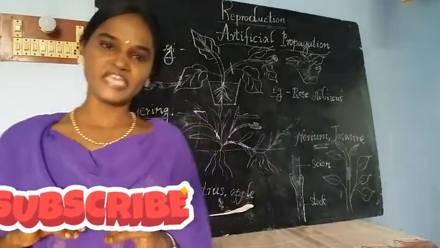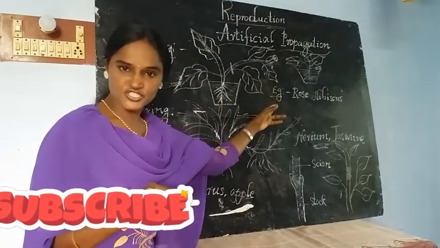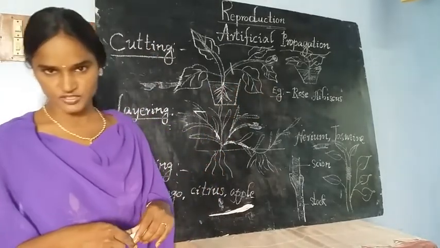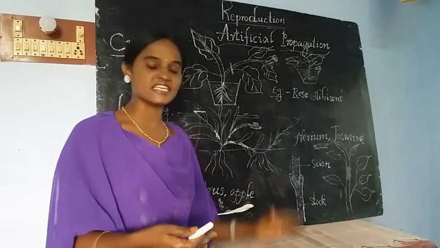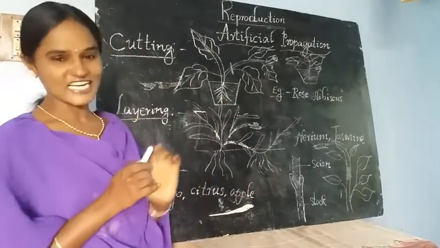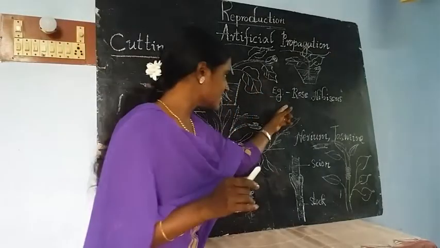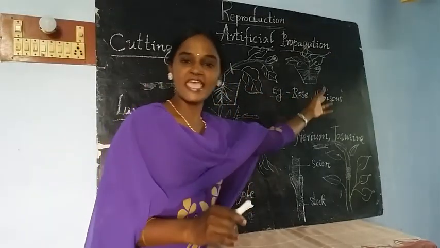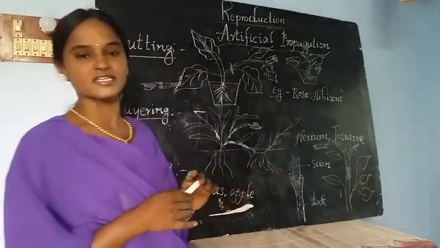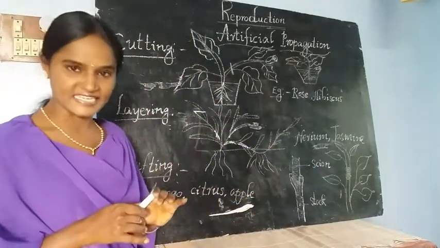Within a few days, the cut branch from the parent plant starts developing adventitious roots, and within a few more days it develops into an individual plant. This is about cutting. The examples for cutting are rose and hibiscus.